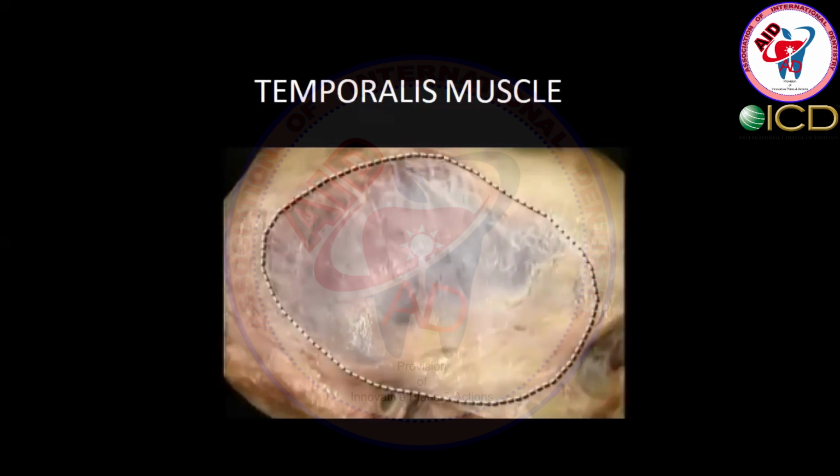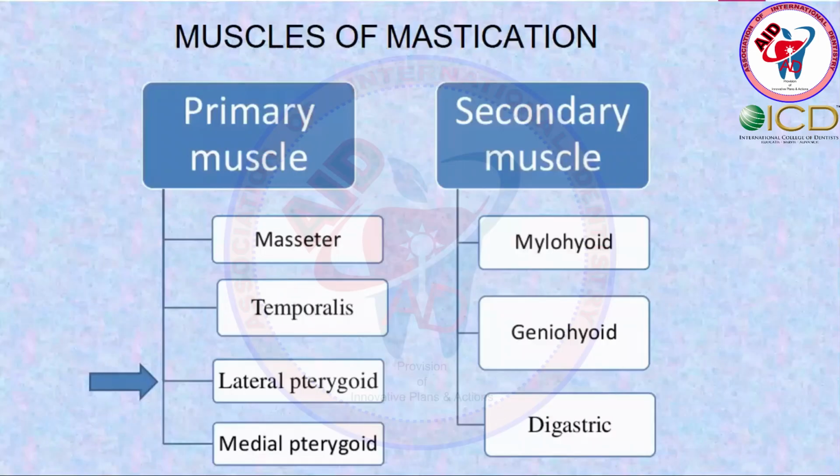Ladies and gentlemen, having covered the temporalis muscle, we move to the lateral pterygoid muscle. The lateral pterygoid muscle is also a very important masticatory muscle. For the temporomandibular joint and its diseases, the lateral pterygoid muscle gives very important orientation.